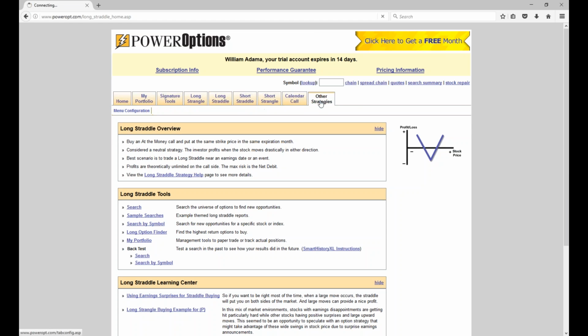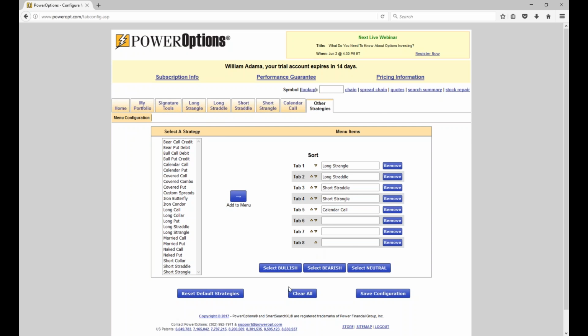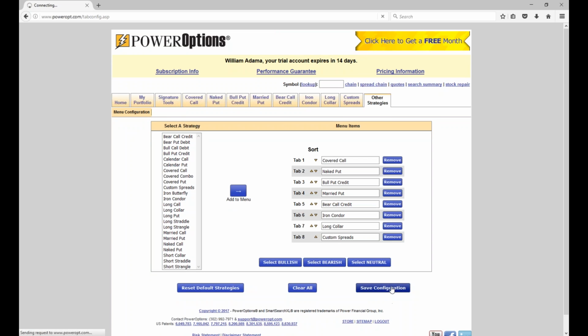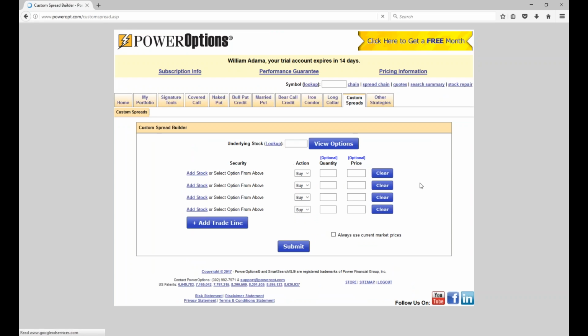Okay, Patrick says, I was paper trading the following. All right, let's go back to our default view here for our default strategies. I want to go to custom spreads. This is where we can build a position on the fly. Patrick says he entered a long trade on 800 shares of OKE at 37.73.